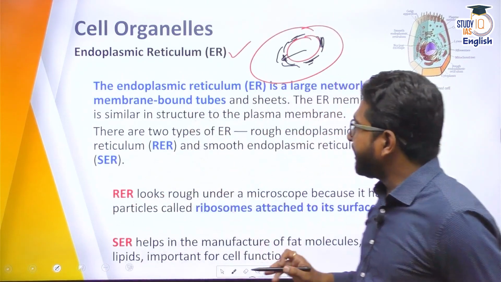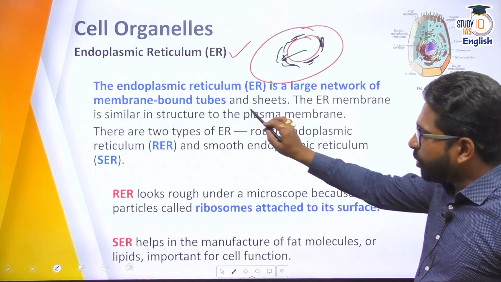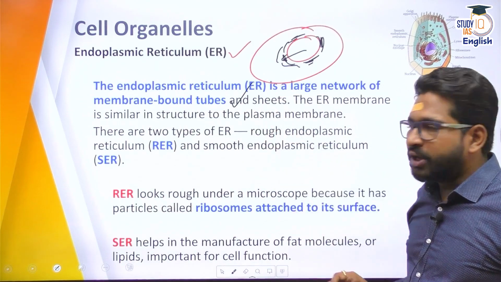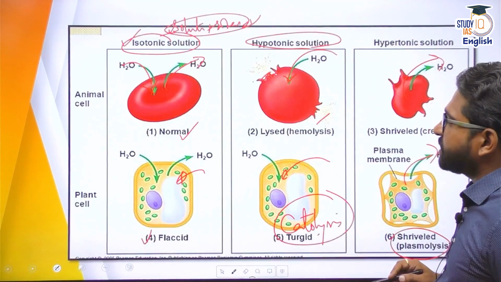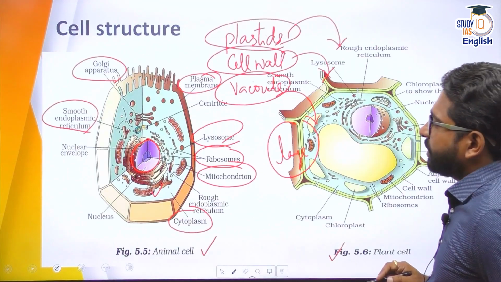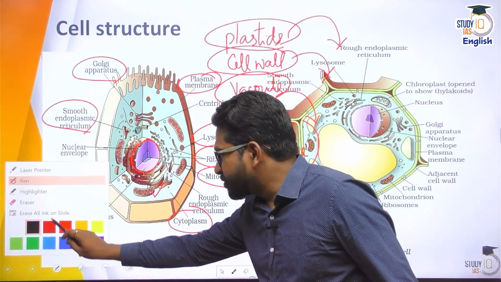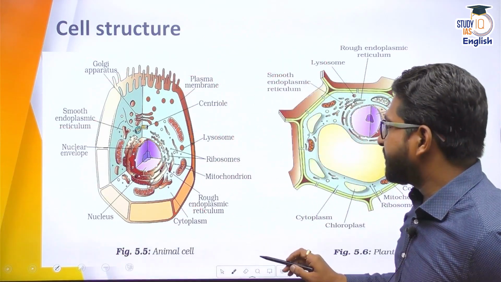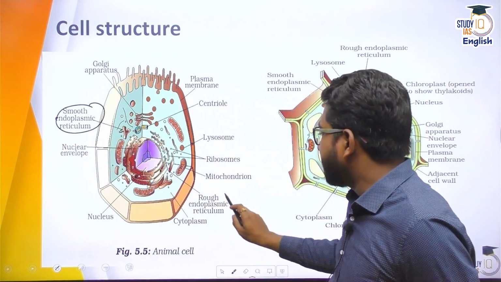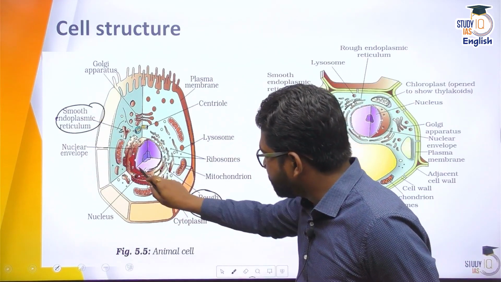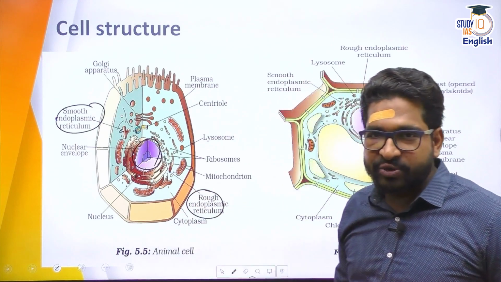So the endoplasmic reticulum is a large network of bound tubes. Let me just show you the image, where you can look at this particular picture of the animal cell, and you will see there are two kinds of endoplasmic reticulum: smooth endoplasmic reticulum and rough endoplasmic reticulum, both connected to the nucleus.